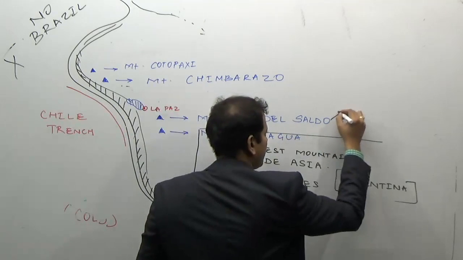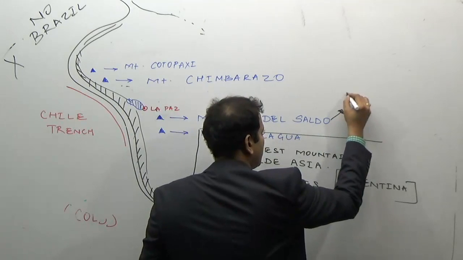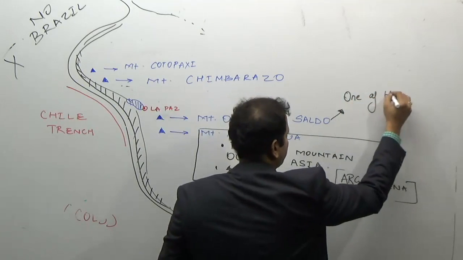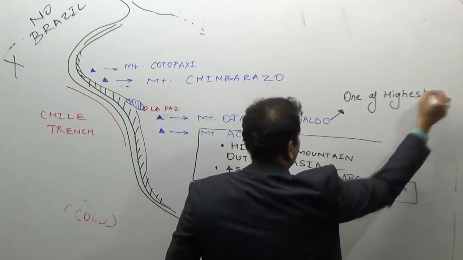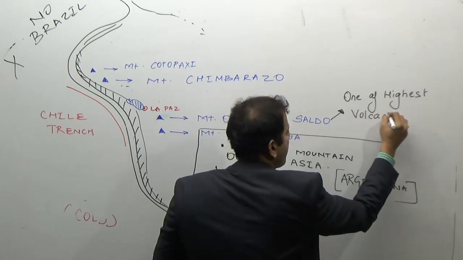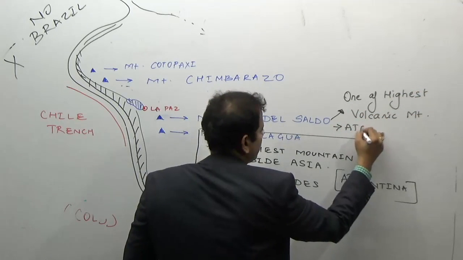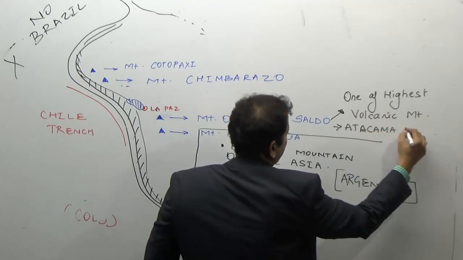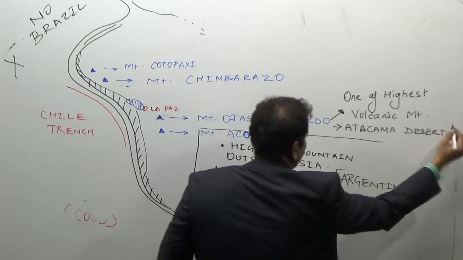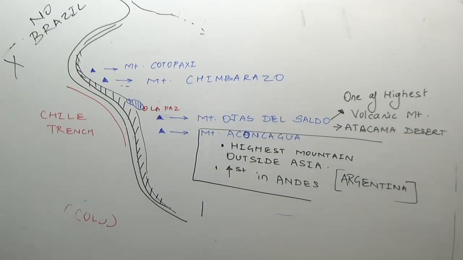It is one of the highest volcanic mountains, located in the Andes near the Atacama Desert. And in which country is the Atacama Desert? It is located in Chile. So Mount Ojos del Salado is located in Chile.